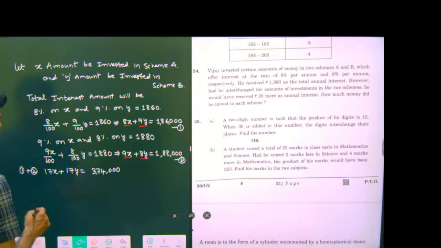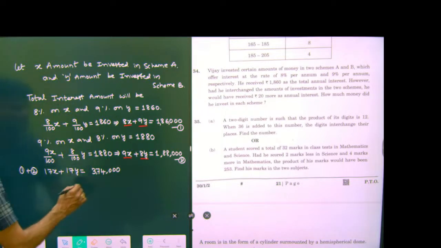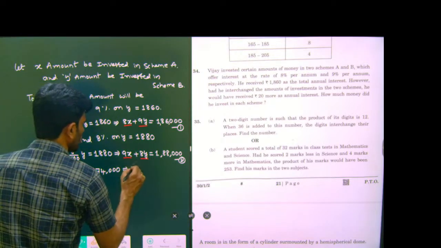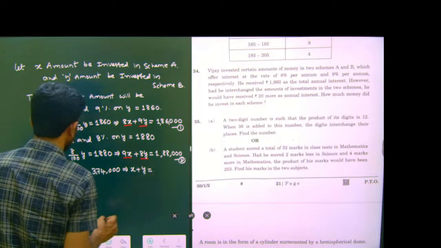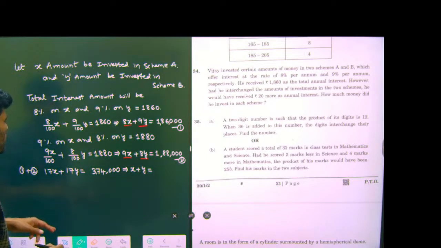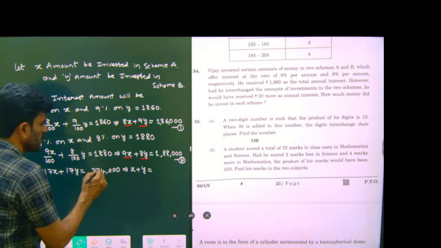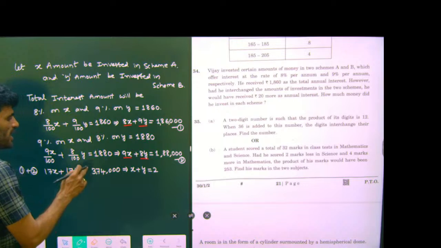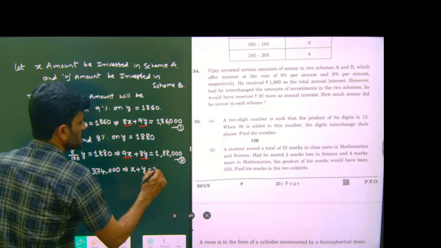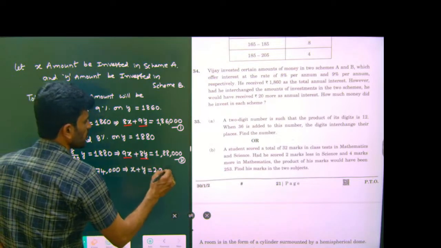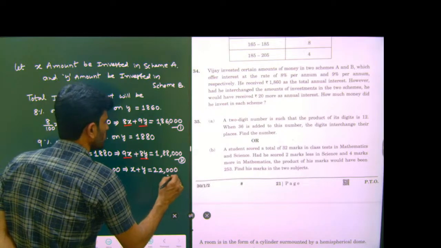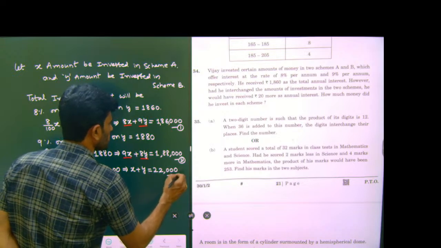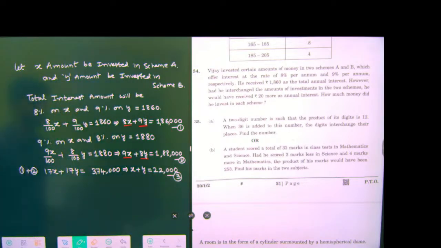Then we can divide this equation by 17 everywhere. When we divide by 17, we get x plus y is equal to 374 divided by 17. 17 twos are 34, again 3 will be left, 3 4s are 34, and the remaining zeros stay as they are: 22,000. This is equation 3. In the simplest manner, we got x plus y is equal to 22,000.